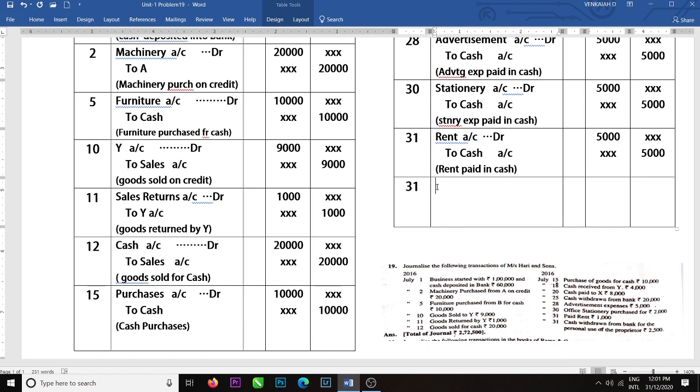It was not mentioned, but it is for office use. Here it is withdrawn from bank for personal use. Now the entry will be drawings account debit to bank account.